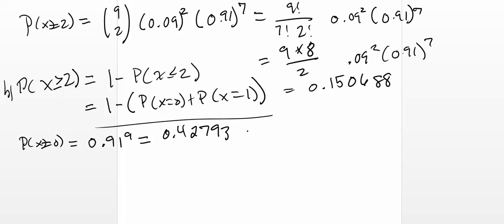Next, I need the probability that x is equal to 1. Let me just do this in a straightforward way: 9 stacked upon 1, times 0.09 raised to the 1, times 0.91 raised to the 8.